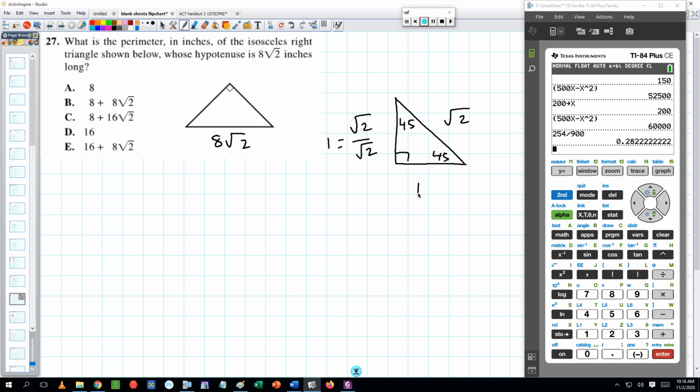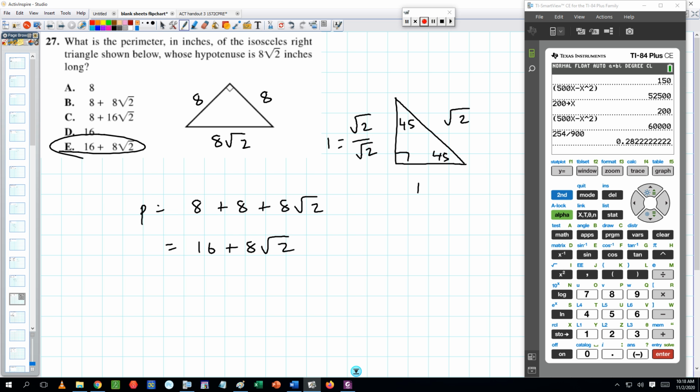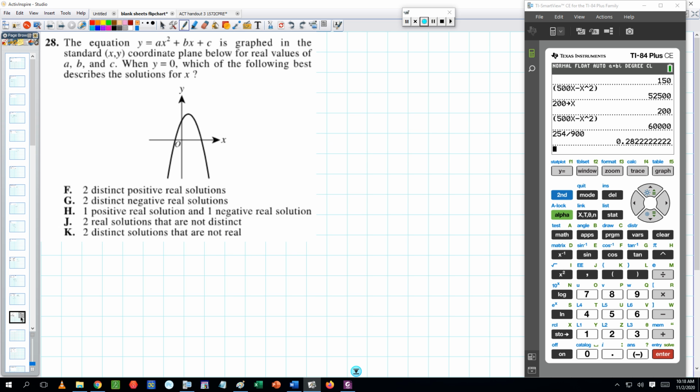So if the hypotenuse is 8 radical 2, the legs are 8 apiece. So our perimeter is 8 plus 8 plus 8 radical 2, which will be 16 plus 8 radical 2. And that answer is E. That last question was all about the pattern.